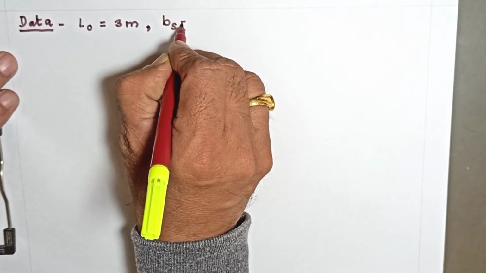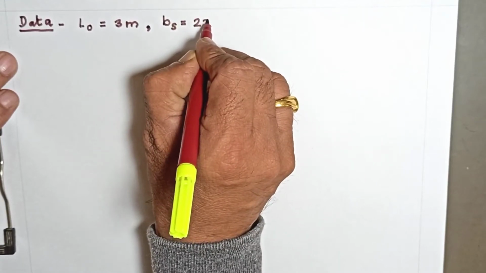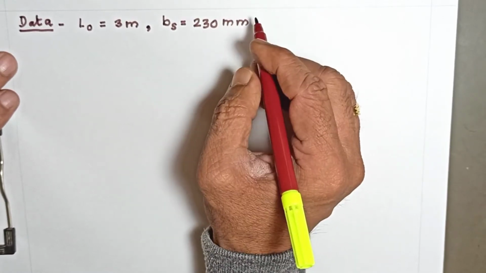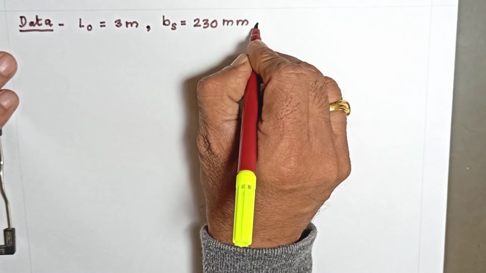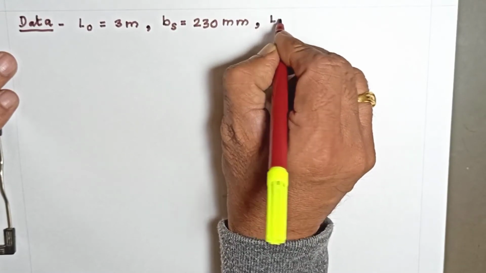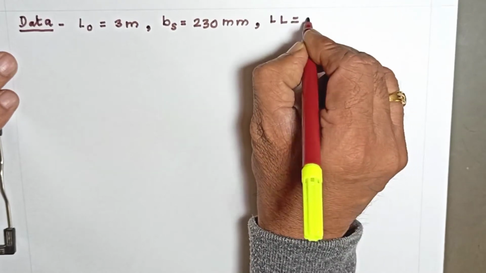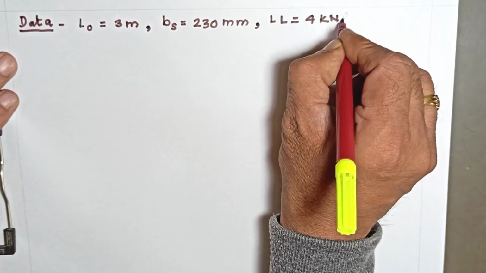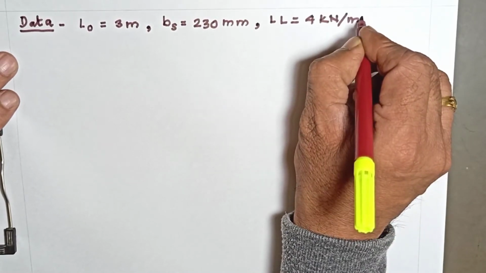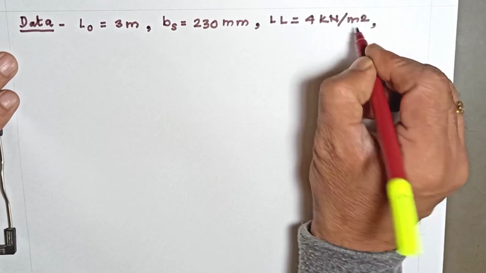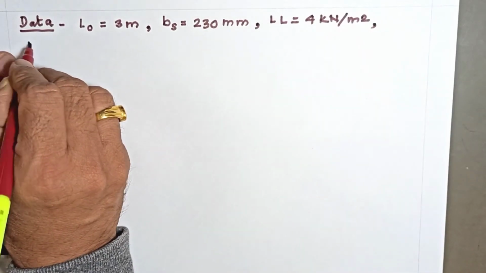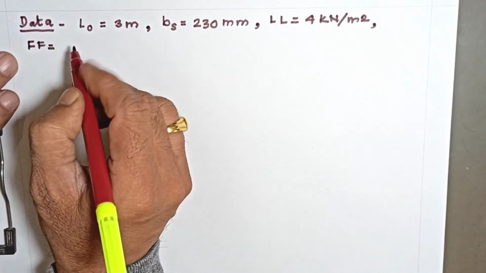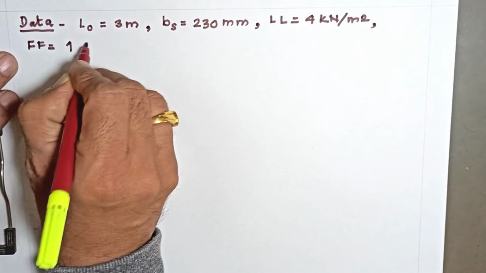Width of support is 230 mm. Then the intensity of live load is given, 4 kN per meter square. Then the weight of floor finish is given, that is 1 kN per meter square.